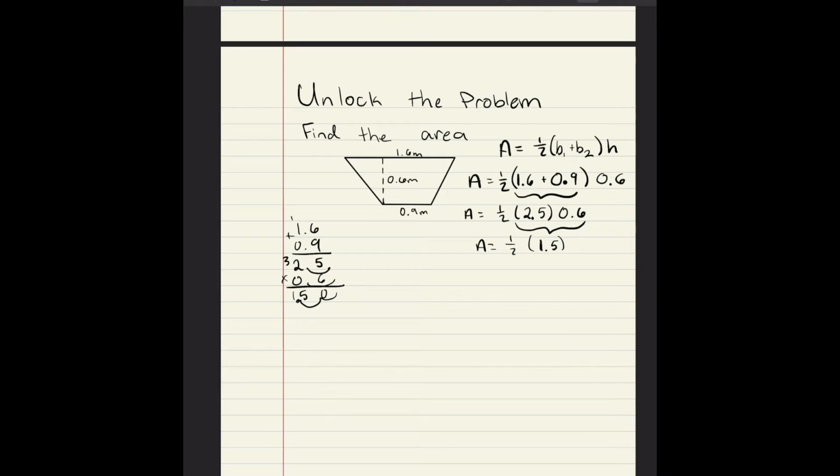Rewrite my whole problem, so I have 1/2 times 1.5. So the area equals 0.75.